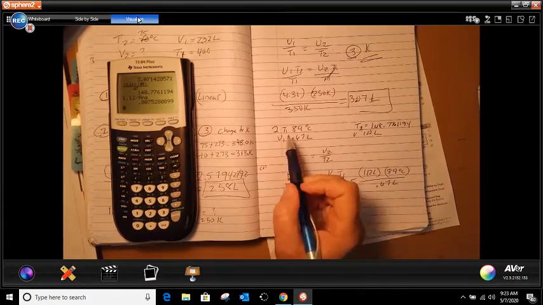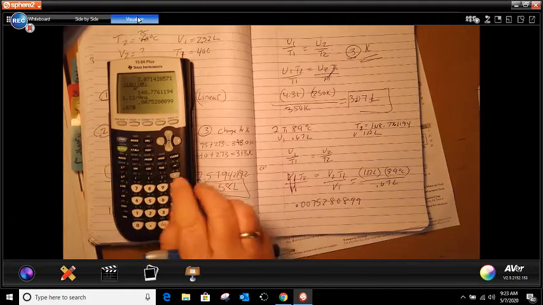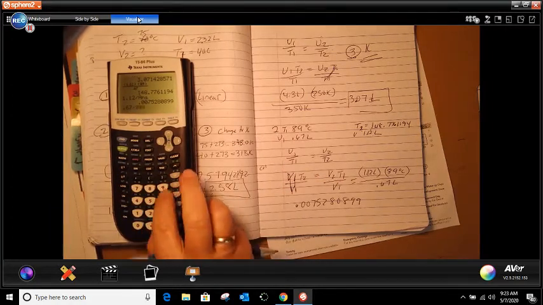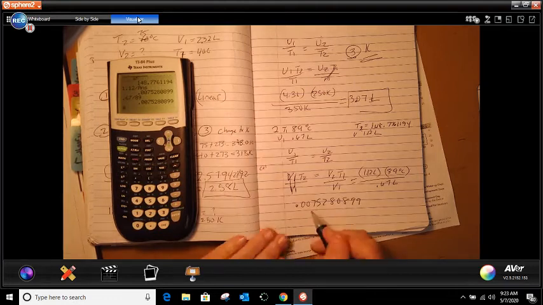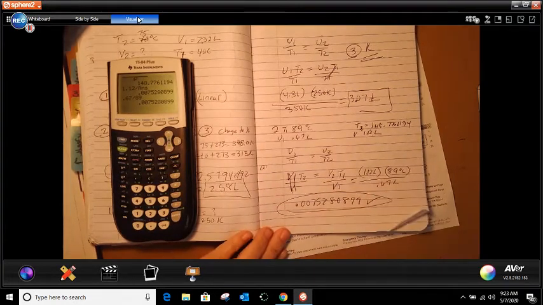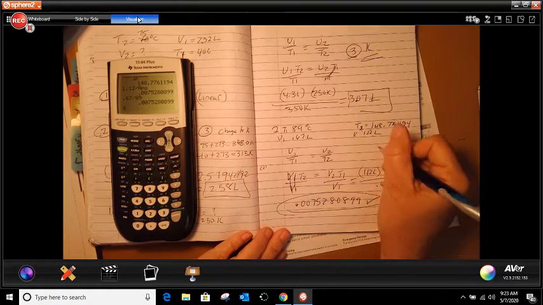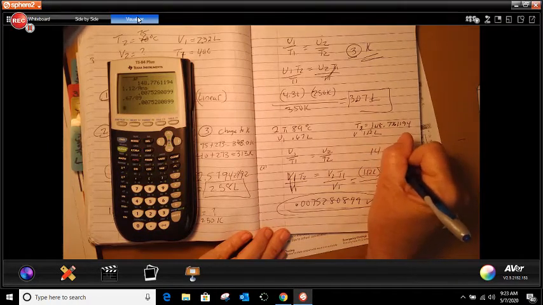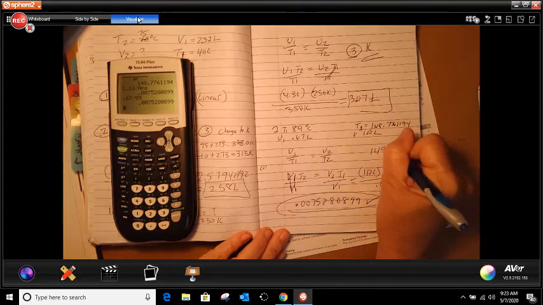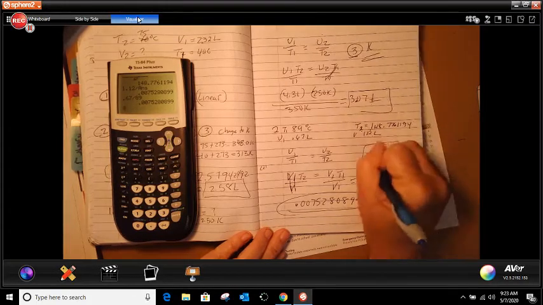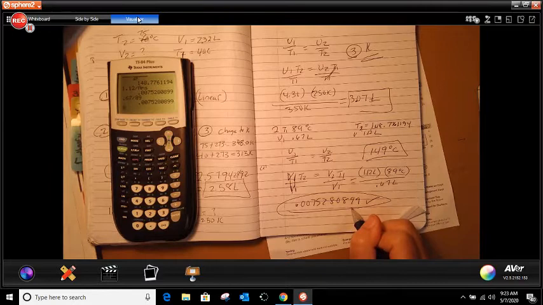Now I'm going to do this side. 0.67 divided by 89. Same check answer. My answer now is going to be 149 degrees Celsius, because I'm just rounding that up, and I have my check answer.